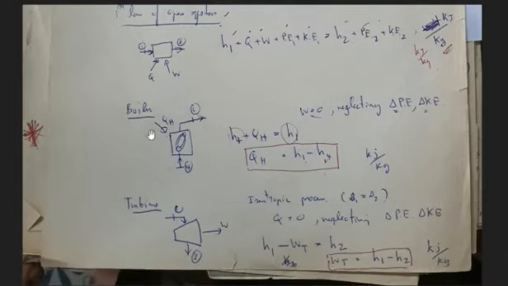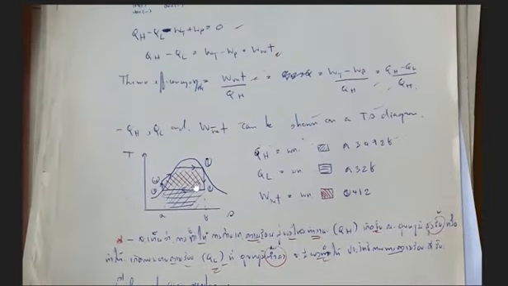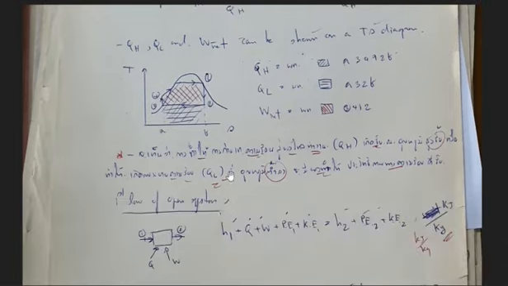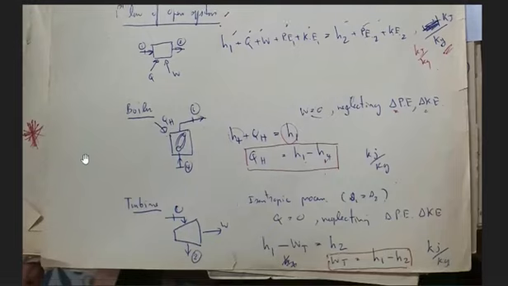So if we look at the boiler, we have the water coming in at state 4. You can refer back to this graph or the picture of the power plant cycle that we have shown. For the boiler, the water would come in at state 4.